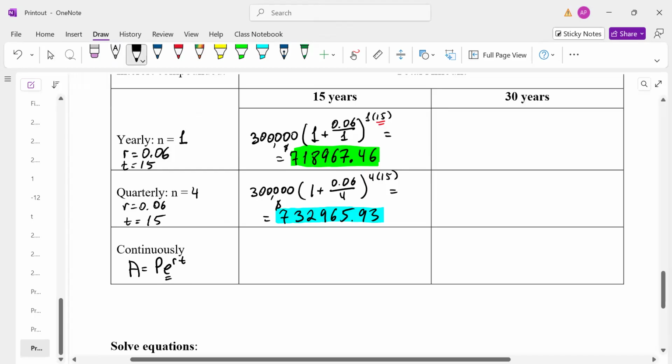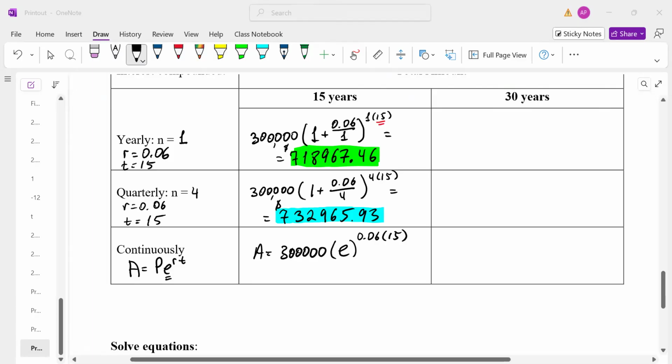First of all, let's write this out. It's going to be 300,000 times e to the power 0.06 times 15. Okay, so on a calculator, I'm going to use this graphing calculator, but it's pretty much the same. We'll have 300,000. Now to press e, you usually press the second button, and then where it says ln, press ln, and it will say e, and usually it will set up the power already.